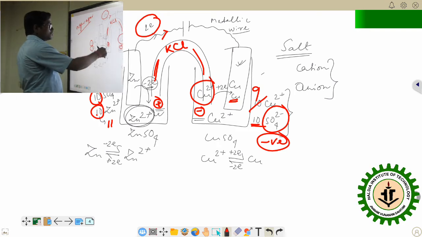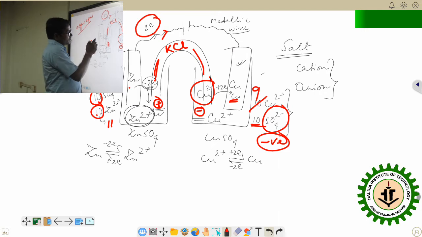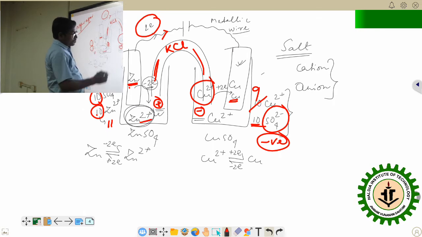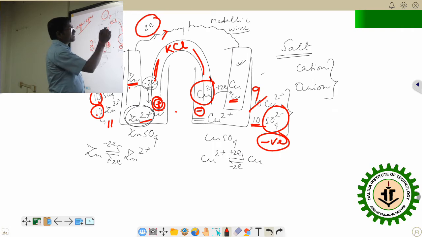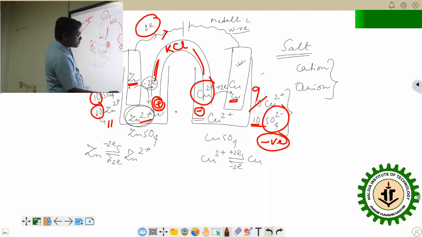Then you place it between these two solutions. What will happen then? Once one zinc from the surface of the zinc rod comes into the solution as Zn2+, the solution will become positively charged. And suddenly what will happen? It will drag some Cl- ions from the salt bridge into this solution.